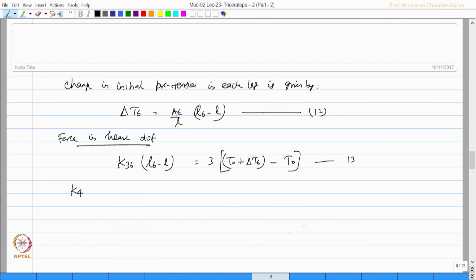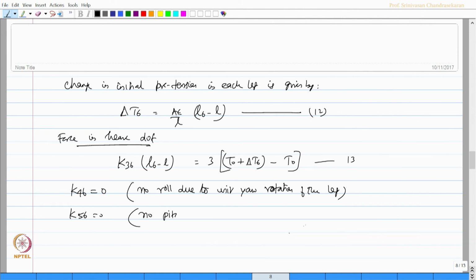K46 will be 0, that is, no roll due to unit yaw rotation of the leg. K56 will also be 0, that is, no pitch due to unit yaw rotation of the leg.